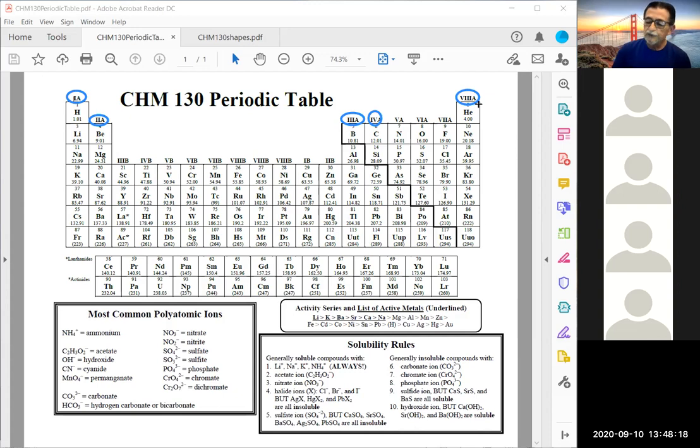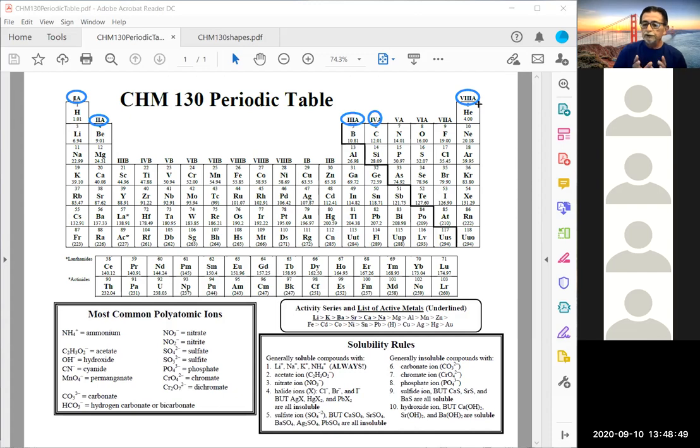What that represents is what we call the valence electrons. Now, we have the inner core electrons, and the valence electrons are in the outermost shell. That's where all the action is with respect to chemistry, because if we're going to give up electrons or release them or gain them, it's going to happen in the outermost shell. The innermost shell is full, okay?